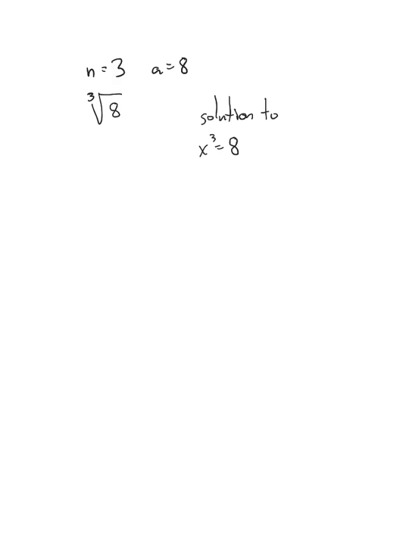And my answer is, well, what number when I multiply it by itself 3 times gives me 8? Well, it's 2. What about negative 2? Well, negative 2 doesn't work because I have 3 negatives, so if I multiply those together, I get a negative. That would give me negative 8. So here I have one solution. The cube root of 8 is 2.